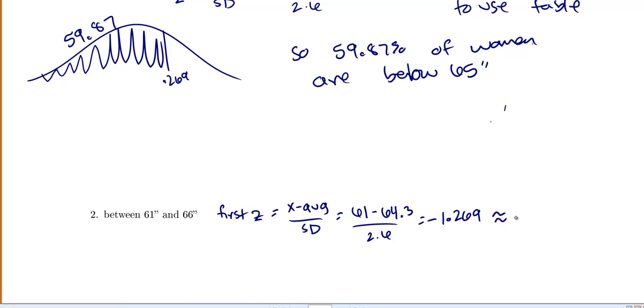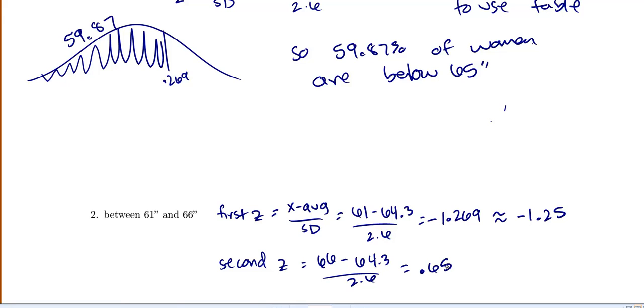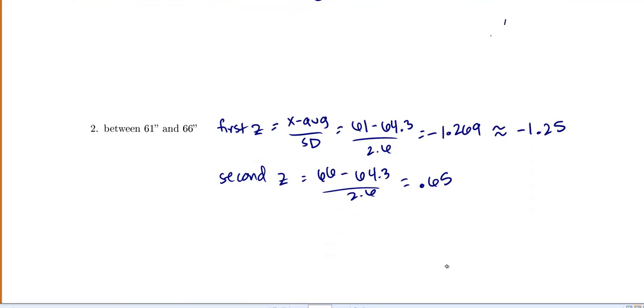And I'm going to say that's about negative 1.25, so I can use my table. Now let's find my second Z. So it's going to be 66 minus 64.3 over 2.6, which gives me 0.65. So those are my 2 Z values.